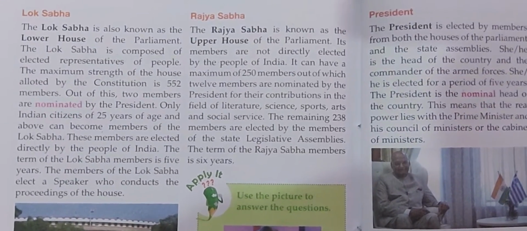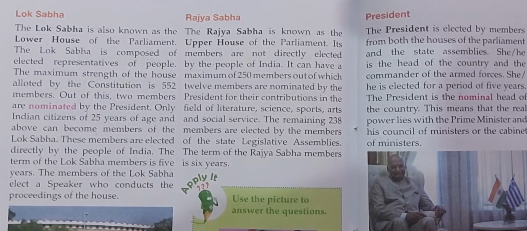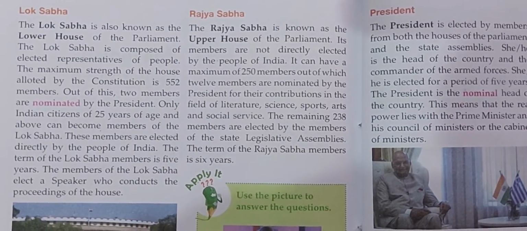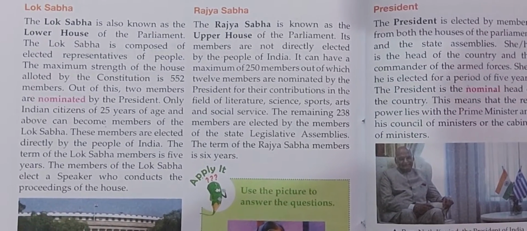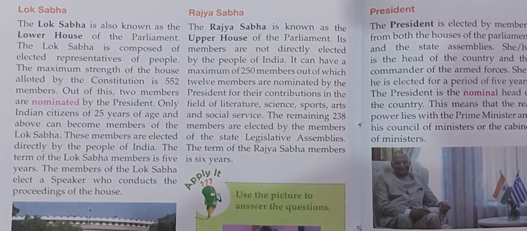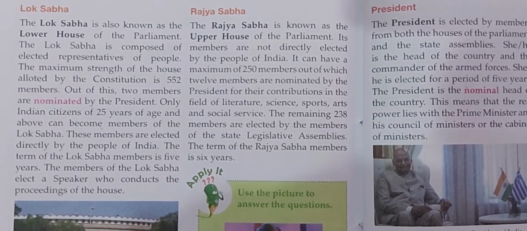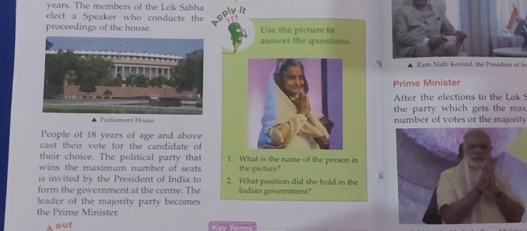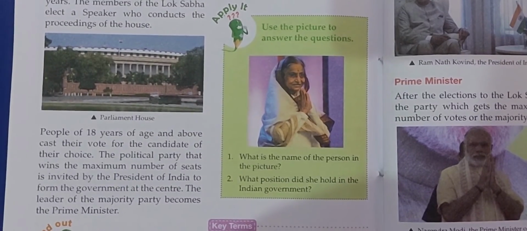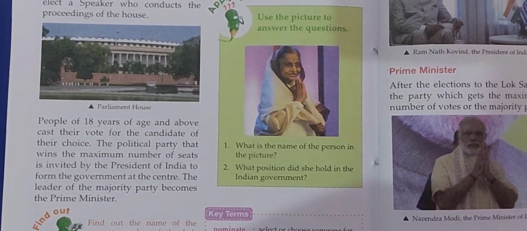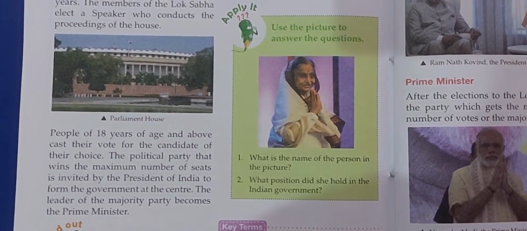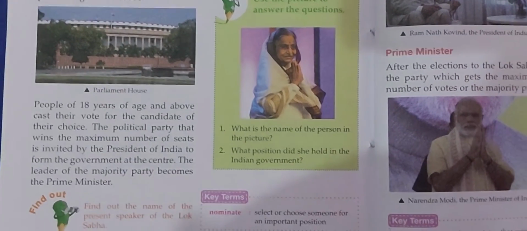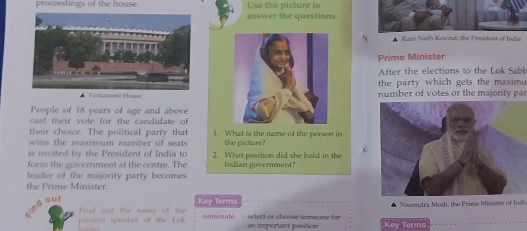Here the president can recommend 12 people who can be part of these 250 members. People of 18 years or more can be part of the voting criteria. They can cast their vote and choose their own leader.